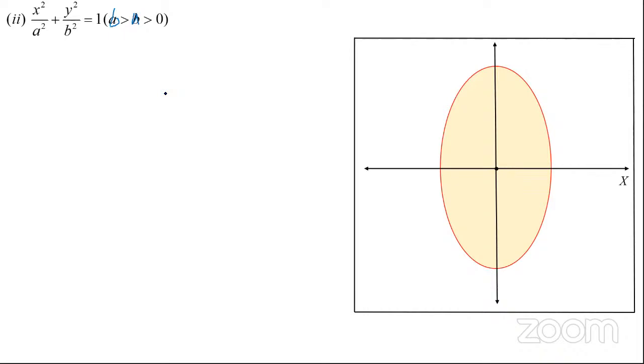Sorry, there was a mistake. That is x square by a square plus y square by b square equal to 1, where b is greater than a is greater than 0. Then the ellipse lies on the y-axis, whereas in the previous case it lies on the x-axis. So we are taking both axes. Observe this figure.